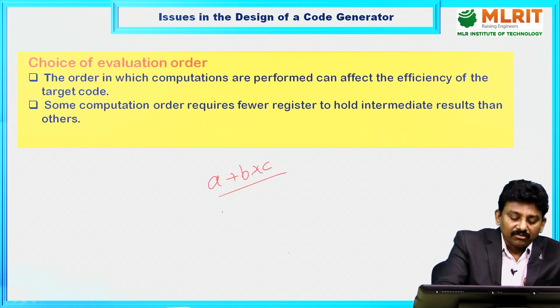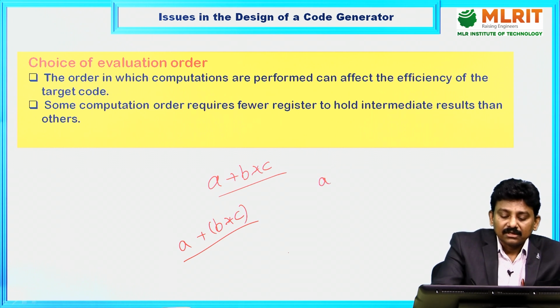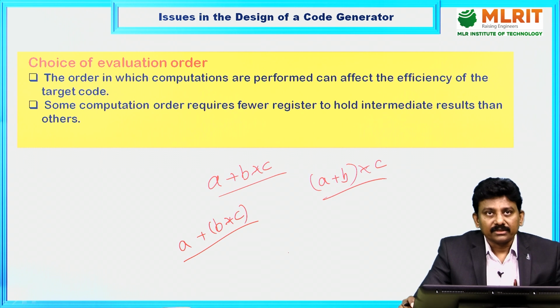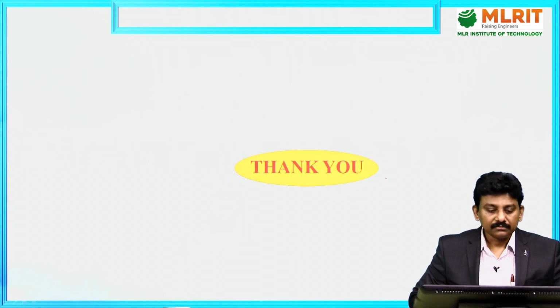One order is to evaluate B star C first, and then add it to A. Another order is to first perform the addition of A and B and multiply with C. Selecting the order is important because some computation orders require fewer registers than others. Thank you.